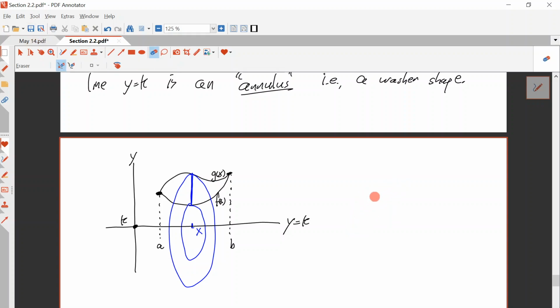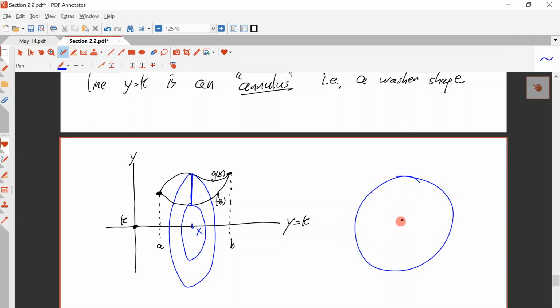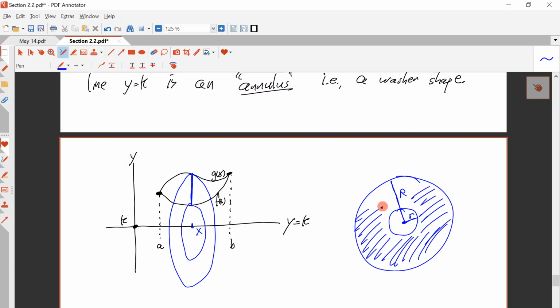So if you've got two concentric circles like that, and here's the center, right? You've got a small radius, little r we'll call it, and a larger radius, big R. And the area here is the area of the big disk minus the area of the little disk.